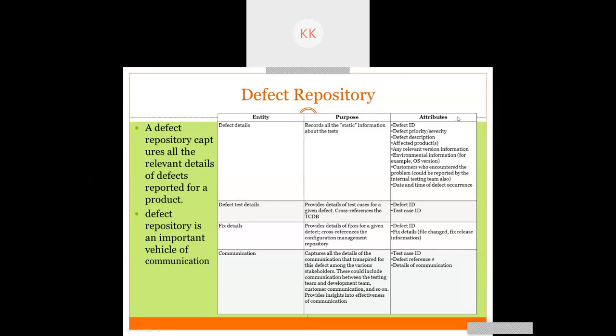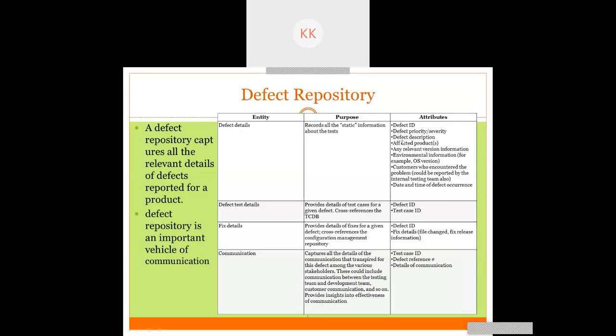It has the following entries and attributes. So defect detail. Defect detail will have defect ID, defect priority, severity, defect description. Defect ID can be anything, it will be a unique ID. Defect priority, if you need to write the structure for defect details, you can write here defect priority as low, high, extreme.